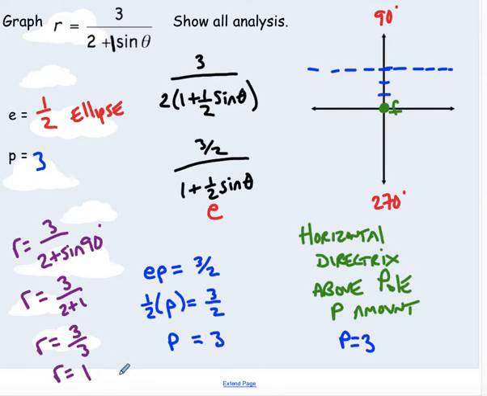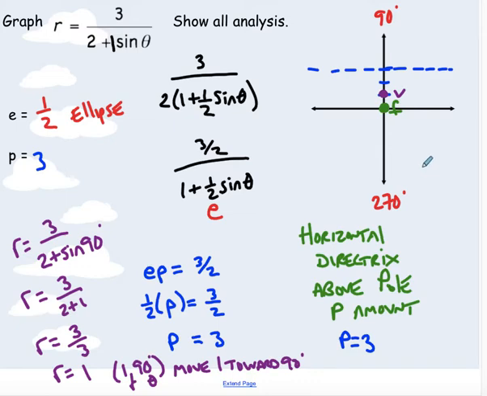Now, keep in mind, I got a 1 for r when I put a 90 in for theta. In polar coordinates, remember r, theta, that would mean I'm going to move 1 toward 90 degrees because the 1 is positive. So I'm moving toward 90 degrees, 1. Right there would be a vertex.